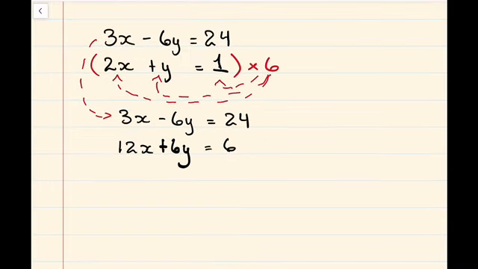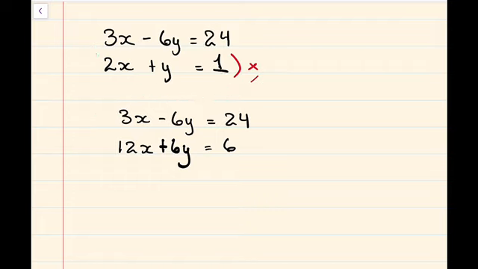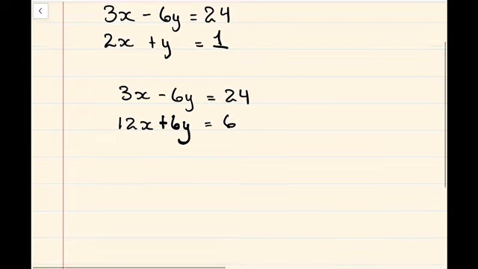So now we are going to continue solving really quickly. If you look here, we have our first equation, it stayed the same, 3x minus 6y equals 24. And now the second equation we have as 12x plus 6y equals 6.